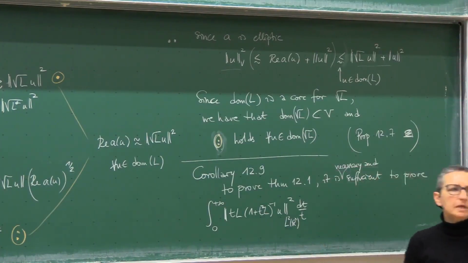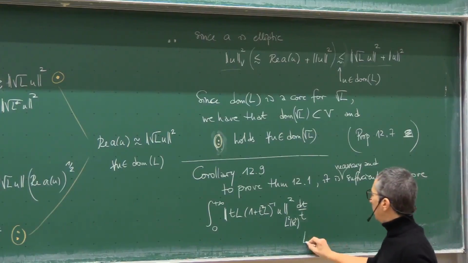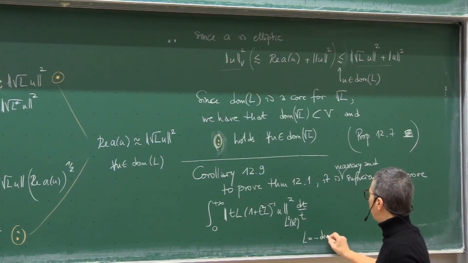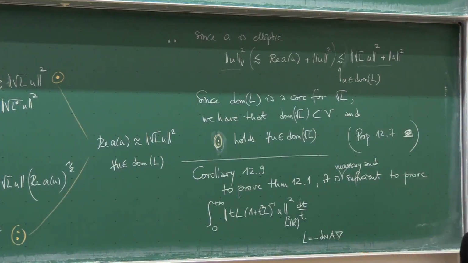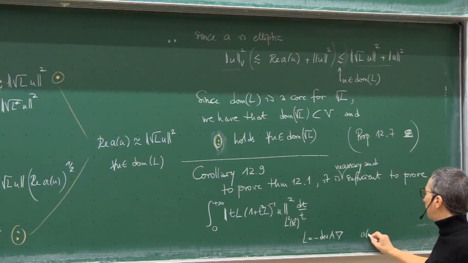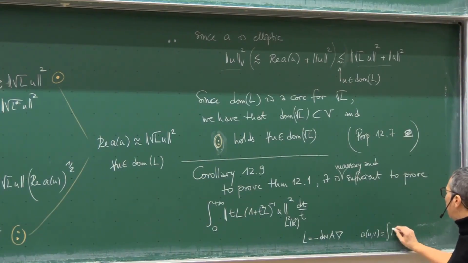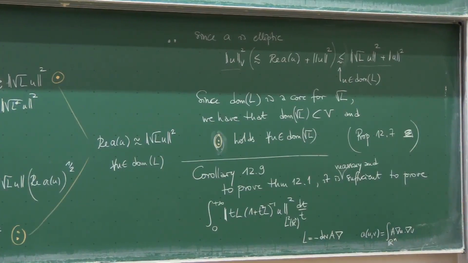So now we are back to a divergence form. So L here is minus div A grad. So you know that it comes from the form a(u,v), the integral of A grad u grad v on Rn, right?